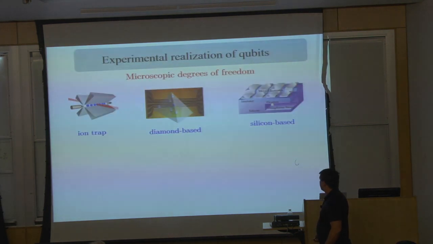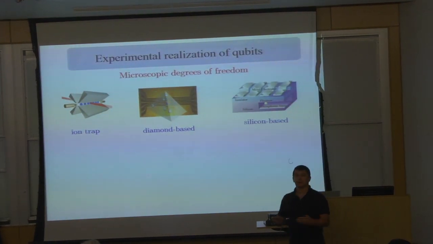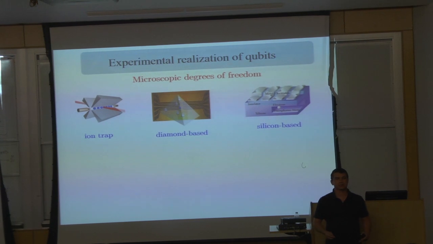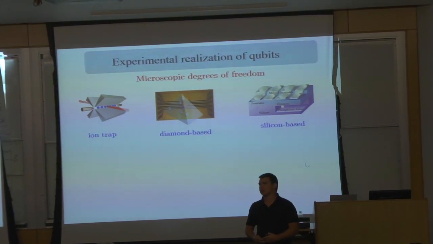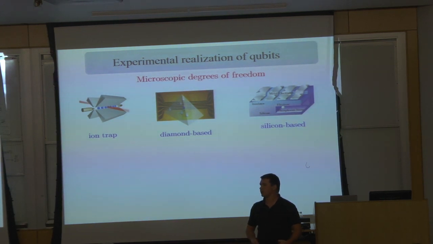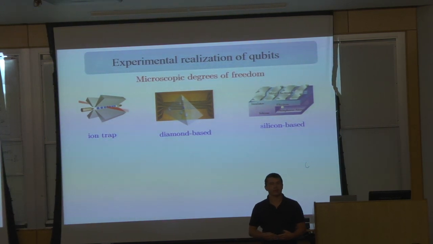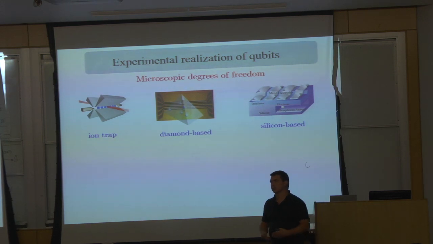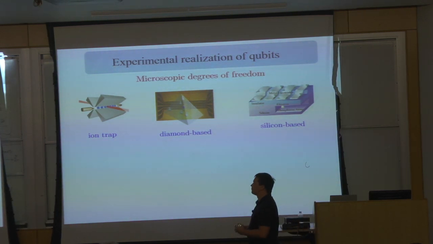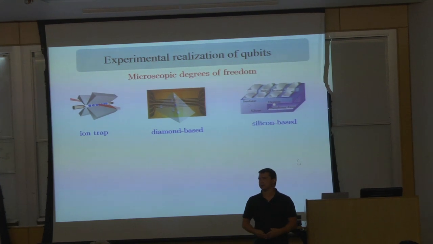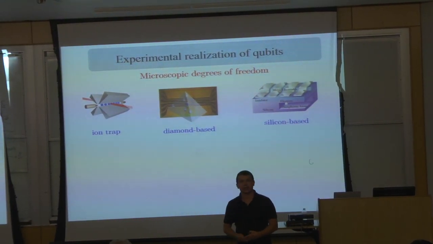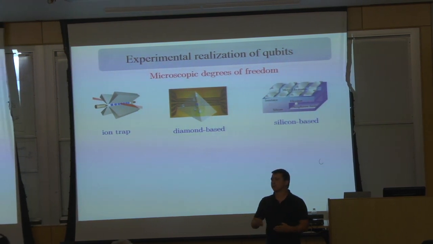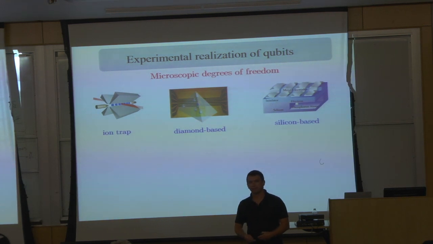So if you look at different realizations of qubits, they can be divided in two classes. In the first class are these microscopic qubits. These are qubits that are based on microscopic degrees of freedom. So one is trying to isolate a spin, say, of a nucleus or a charge of an electron and control this two-level system and bring the system to the desired quantum state.